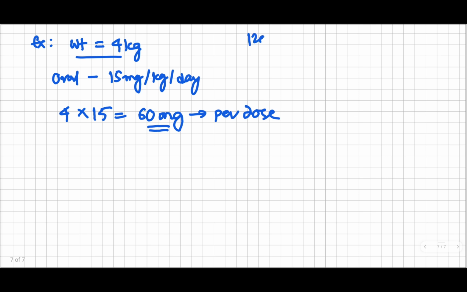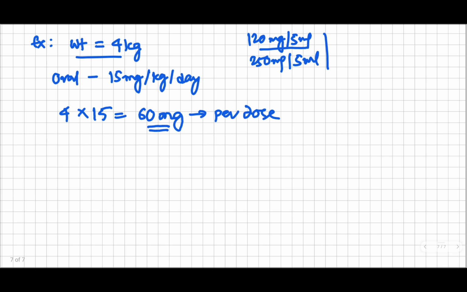One is 120 mg per 5 ml, another is 250 mg per 5 ml. So in this case, for example, we are considering 120 mg 5 ml strength is available. Fine. So how we will calculate?